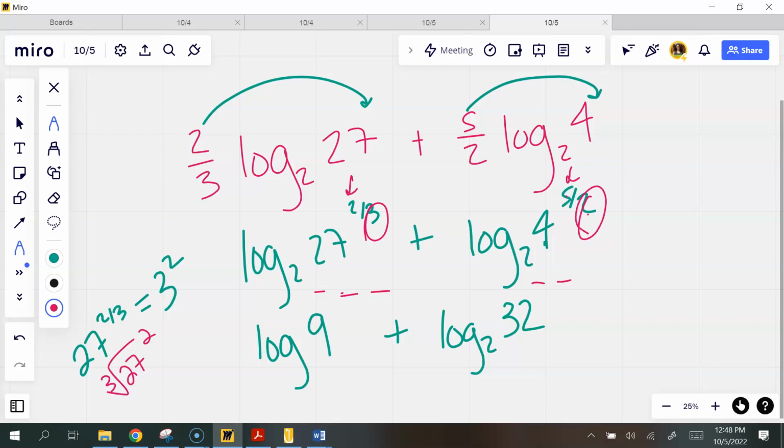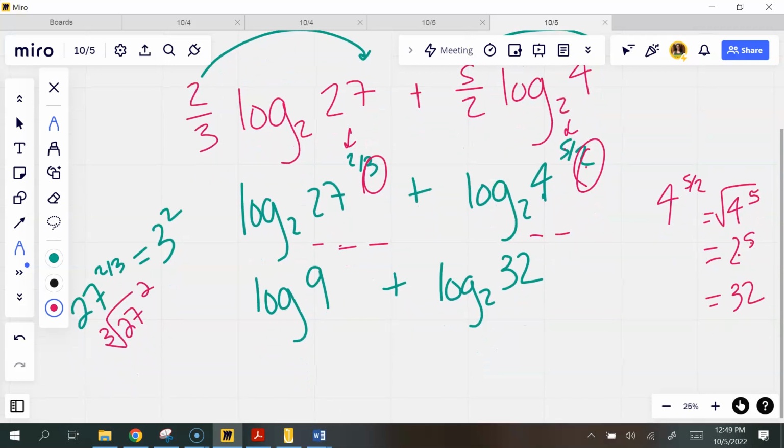Yes, because 4 to the 5/2 is the square root of 4 to the 5th, which is 2 to the 5th, which is 32. 2 to the 5th. Just type it in your calculator. Yeah, if you put 4 raised to the 5.